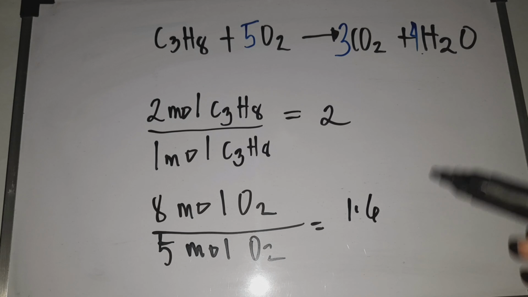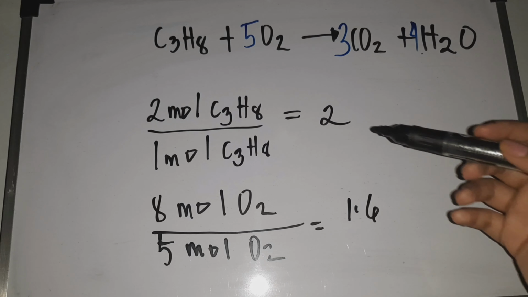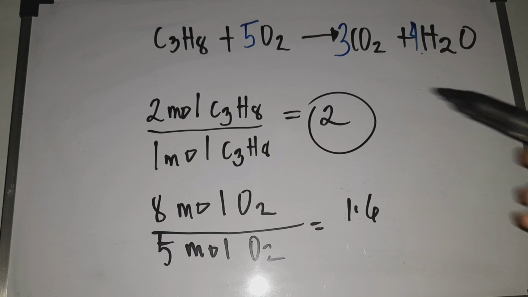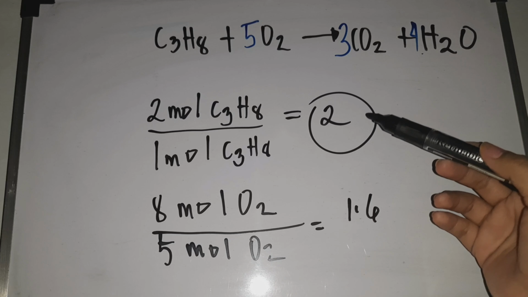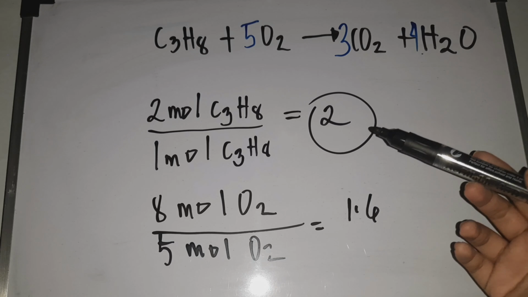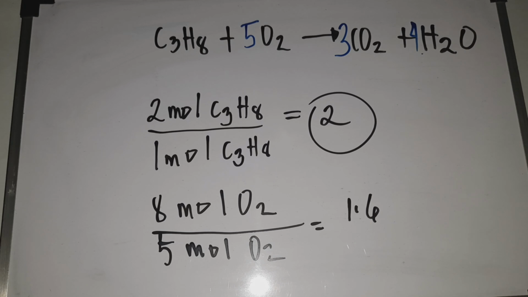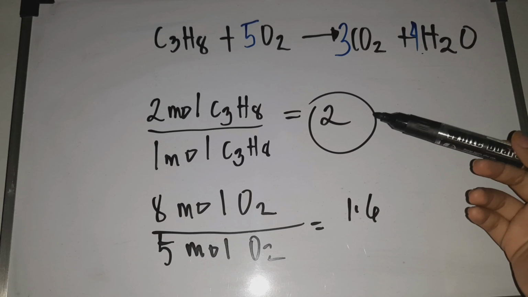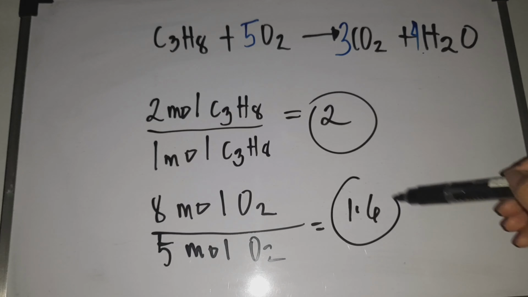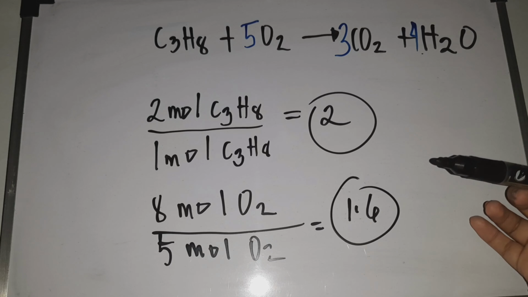Simply, we can say that 2 is the excess reagent, and 1.6, the least, is the limiting.